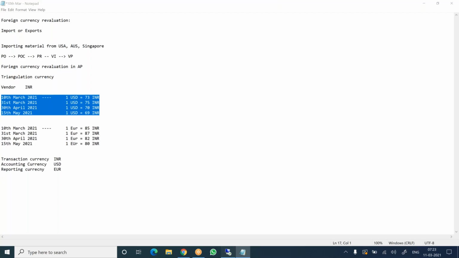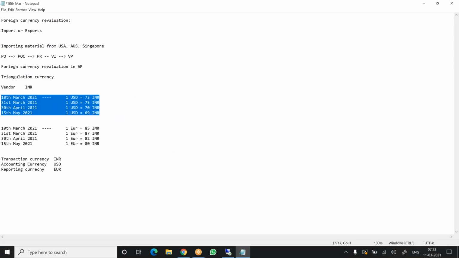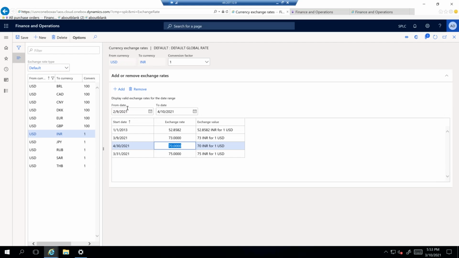Okay, 70 rupees. Then 15th May, it is 69.